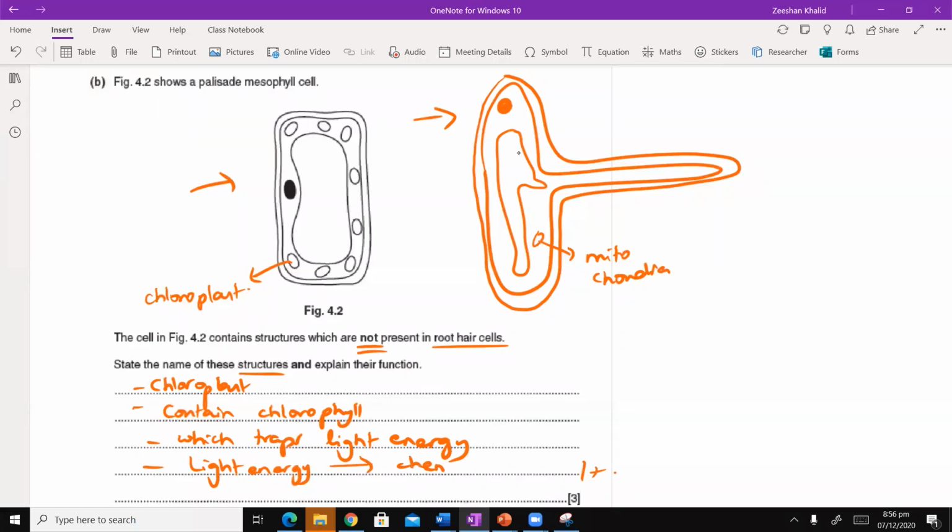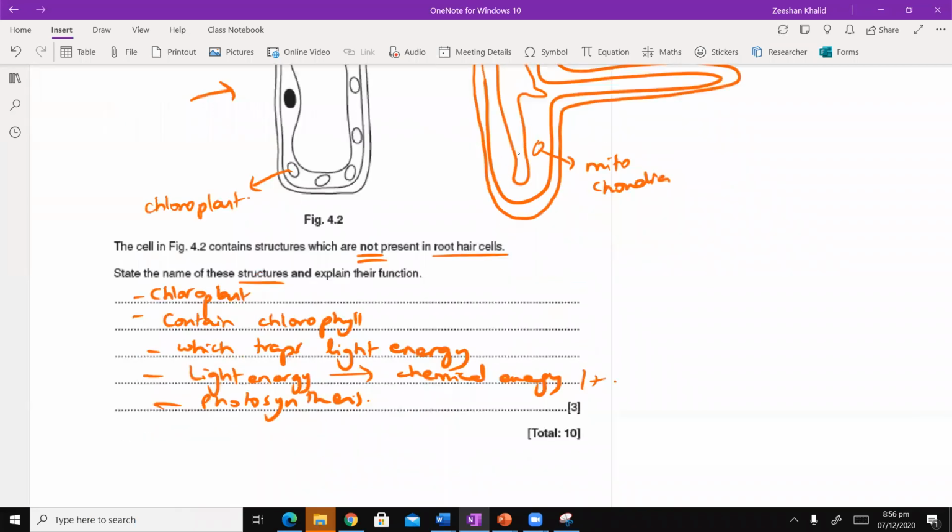Chemical energy. During which process? During the process of photosynthesis. All of these points that I've written are separately credit worthy. It doesn't mean you can write any 3. I encourage you to write all of these 5 points. But again, any of these 3 should suffice for you to score marks.